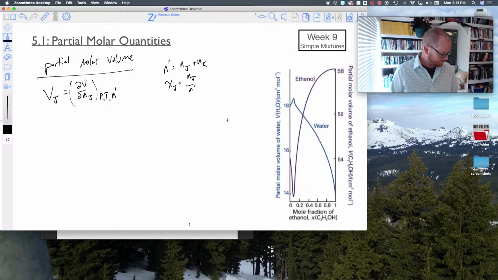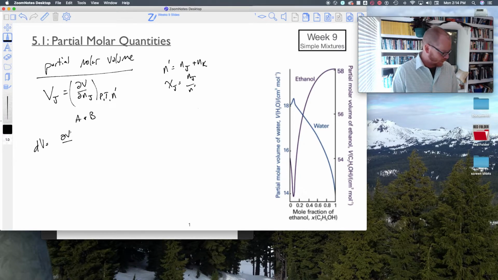All right. And so let's suppose that we mix species A and B together. And you can see I've got this graph of ethanol and water. So maybe A is ethanol and B is water, for example. If I now want to talk about my total change in volume of this mixture, so the total change in volume that happens when I mix infinitesimally small quantities of these two, then I can expand this as the following.